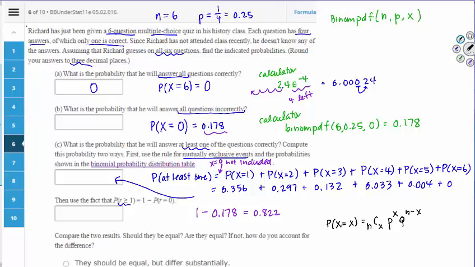That's 3 things we have to compute, multiply together, and then in this part C, add together, which is why the tables are handy, or even better, the built-in calculator function, which will calculate this for us, is preferred. I don't mind which method you use. If you want to bring the tables to the test, do that. If you like to use the calculator or the formula, go for that.